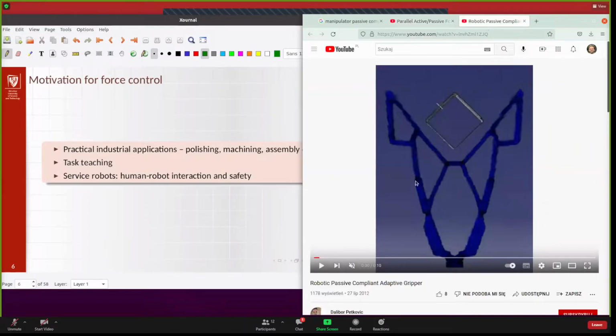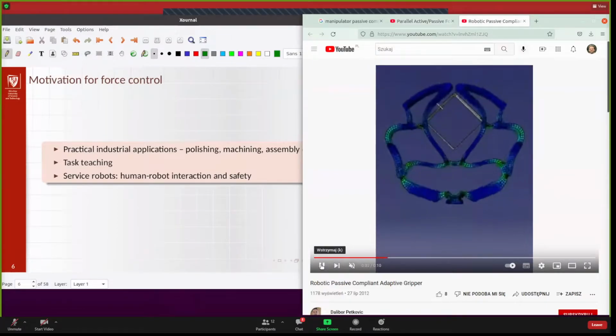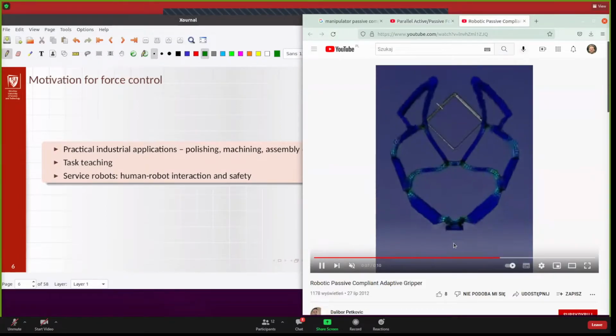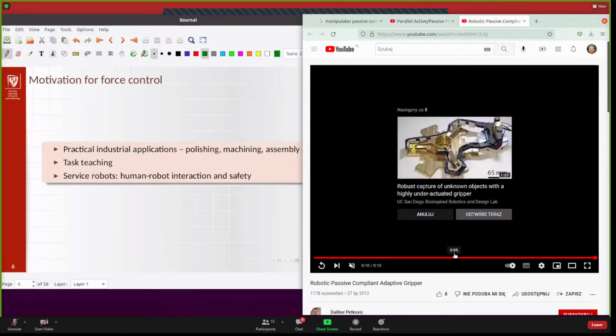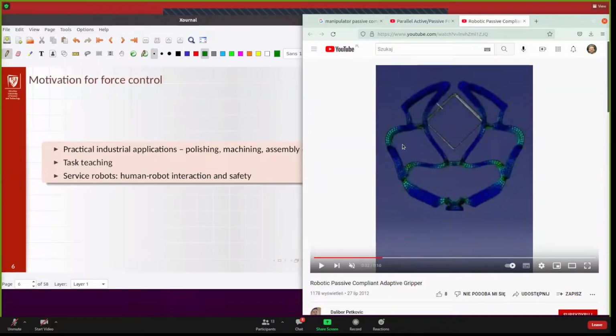We can also look at that kind of the passive compliance, so-called passive compliance in the grippers. We already were showing that kind of the grippers that you move the gripper hand here at the bottom, but what you get is the elasticity in the elements of the grippers.